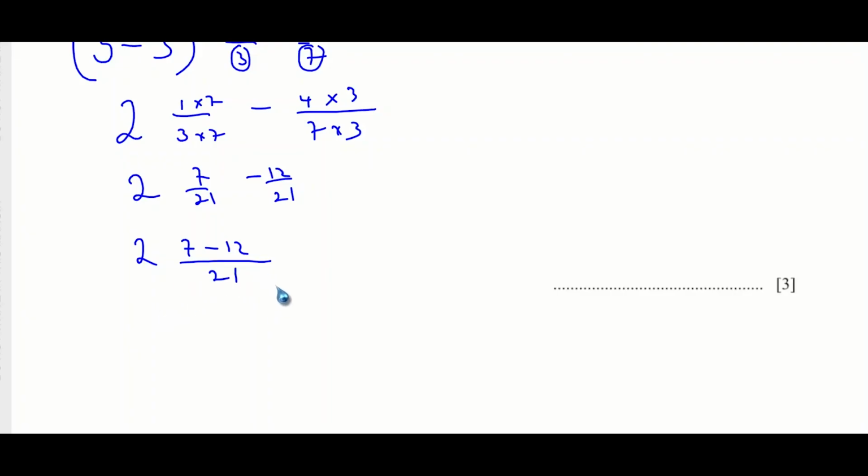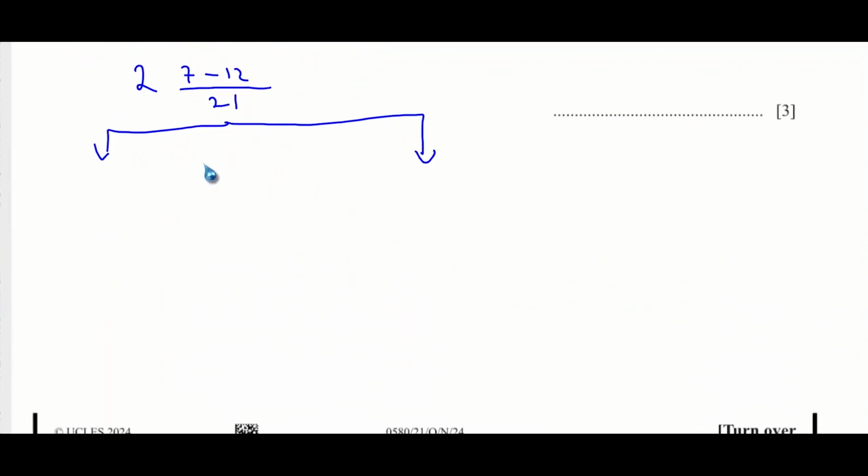Okay, so from here now, we have two options. We can either go through this side or this side. So let me show you. The first part is to say 2 whole, 7 minus 12, that will be negative 5 over 21.